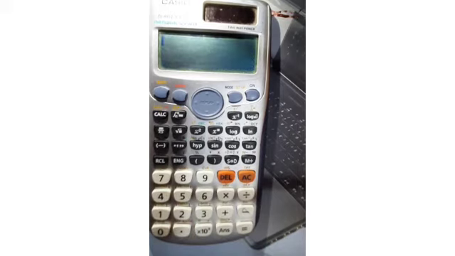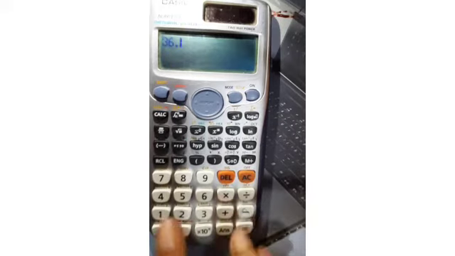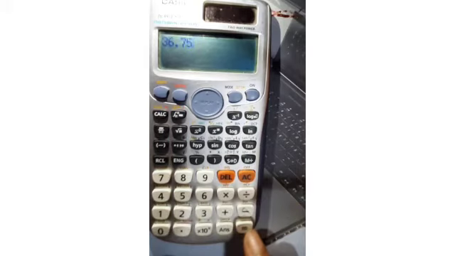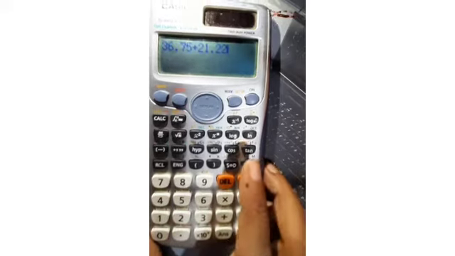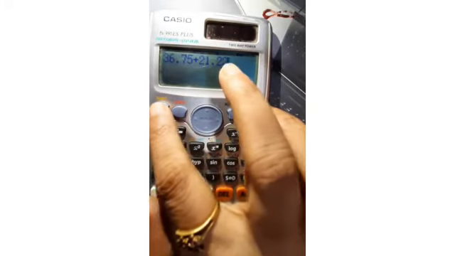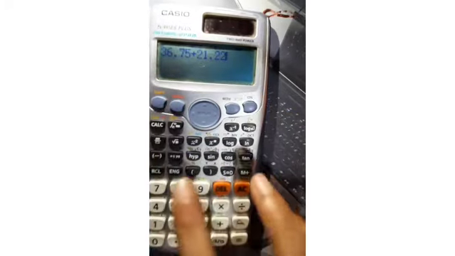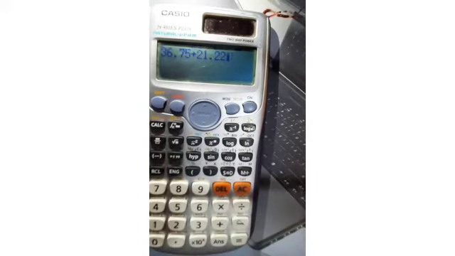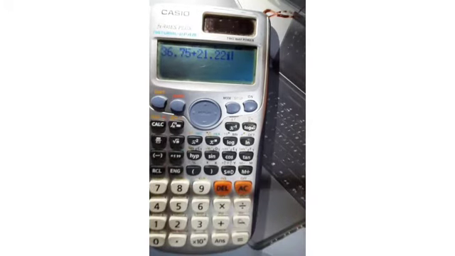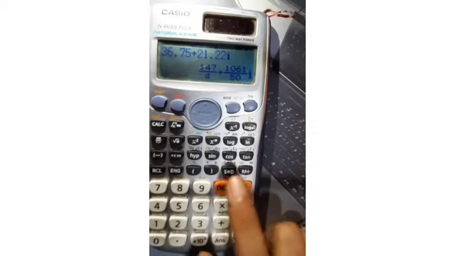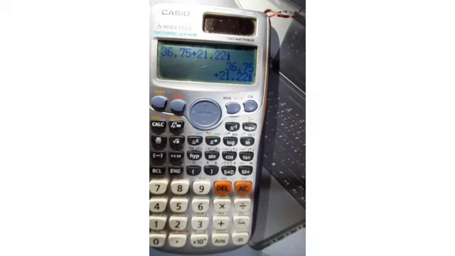Okay, now enter the value 36.75 plus 21.22. We want to press i, so shift ENG. Okay, so this is the complex number displayed here. Press equal to. If I press this SD button, it will be displayed like this.